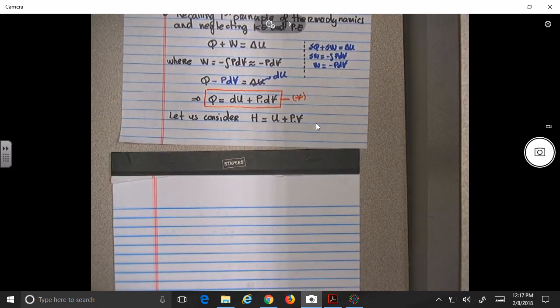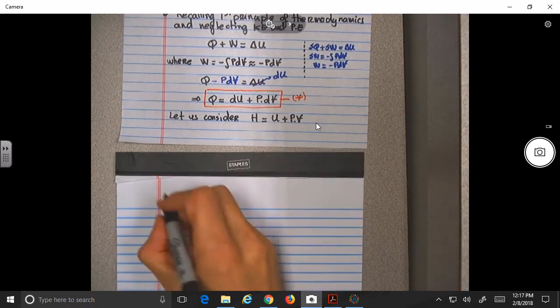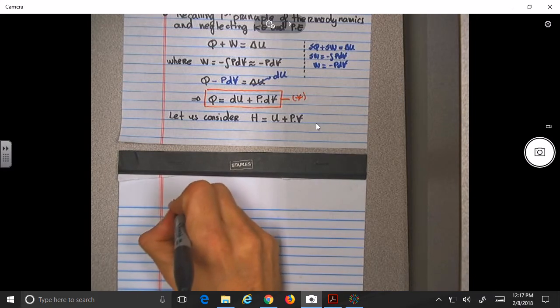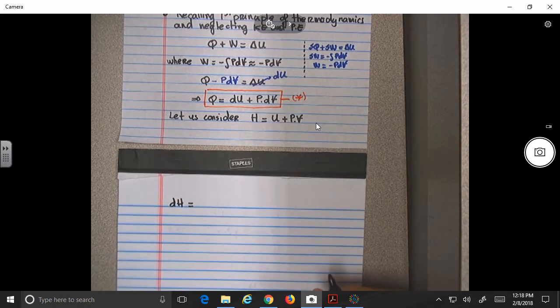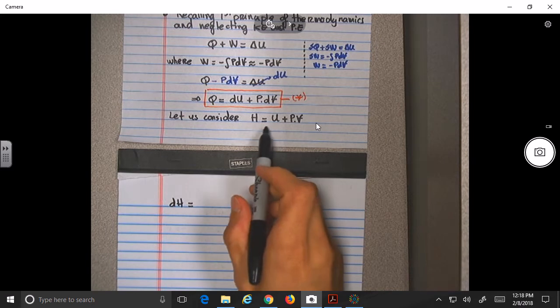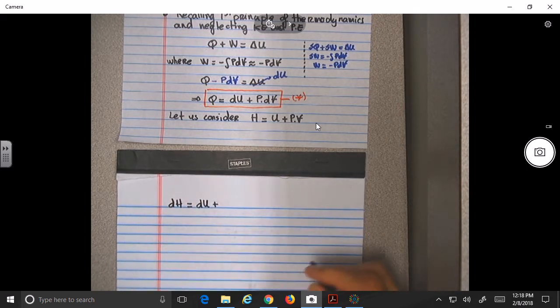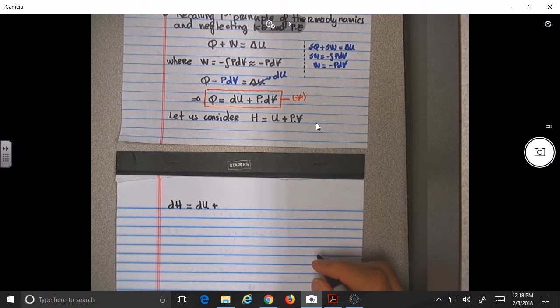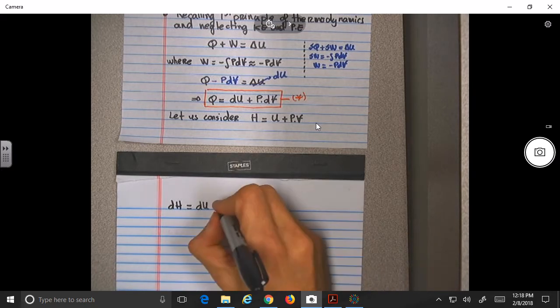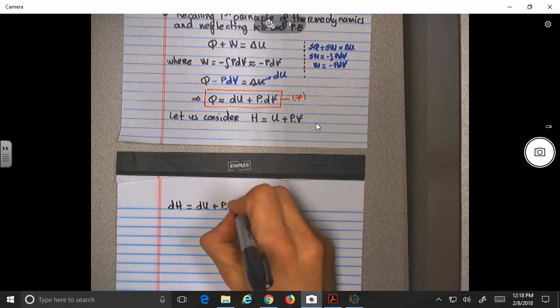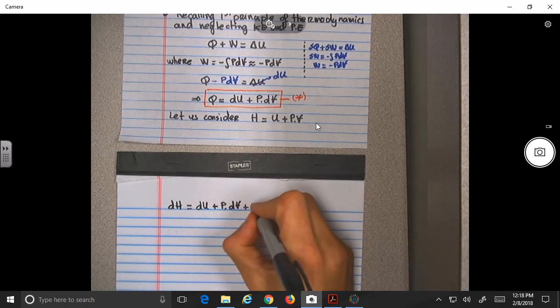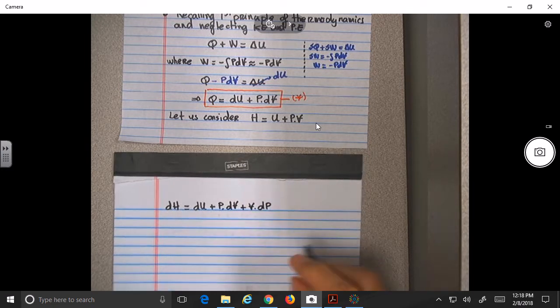So now, if I take the derivative dH, what would that be equal to? What is the derivative of a product UV? It is U prime V plus U V prime, no? So the derivative of this would be equal to dU plus P dV plus V dP.